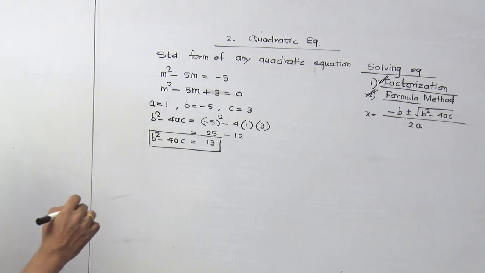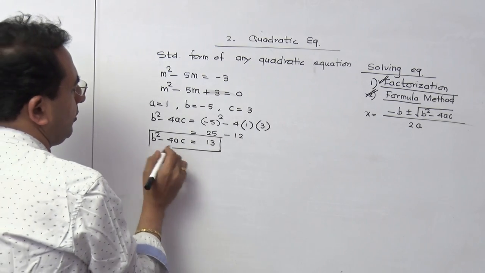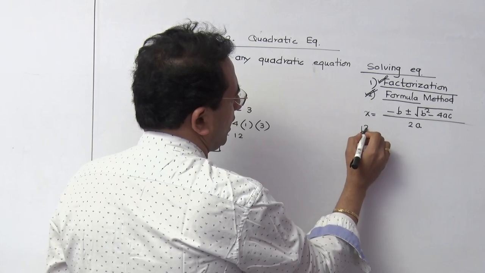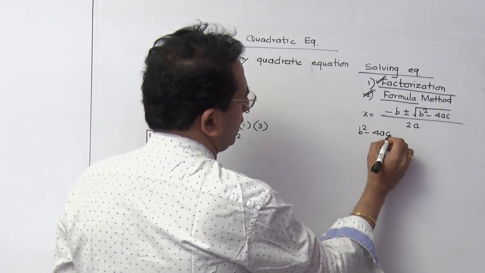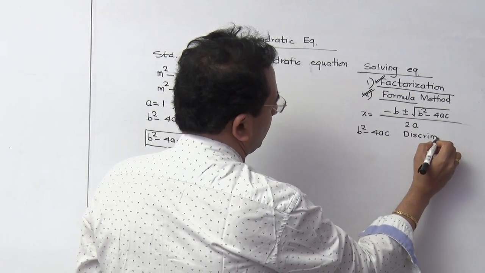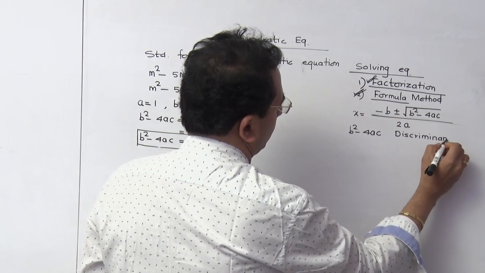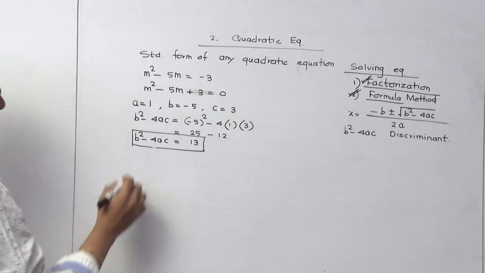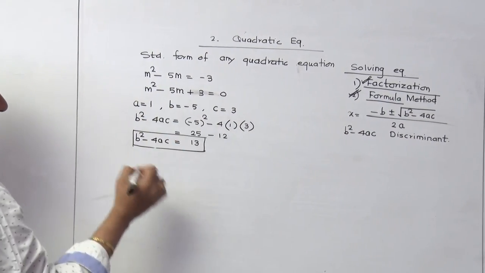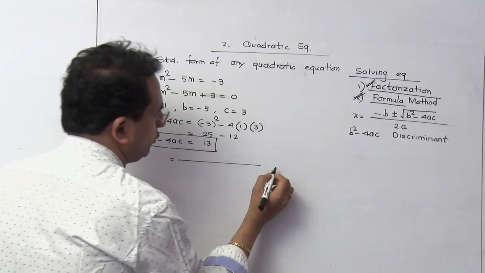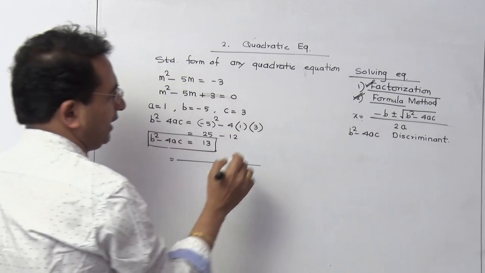Now this is what we call the discriminant. That is, b square minus 4ac is what we call the discriminant. In the next session, we are going to have more questions on this word. Now, once you get this, you have to write the formula. The formula is whatever is given to you for the variable involved in the equation.